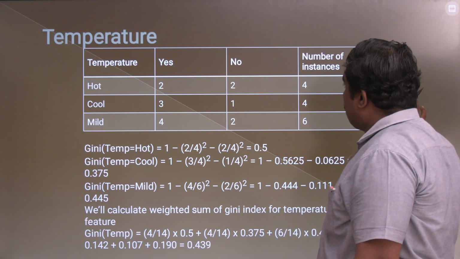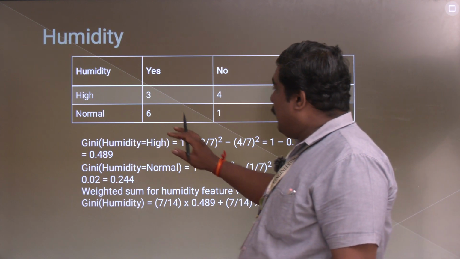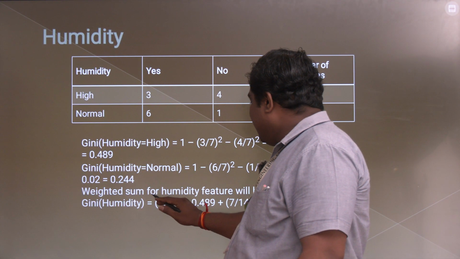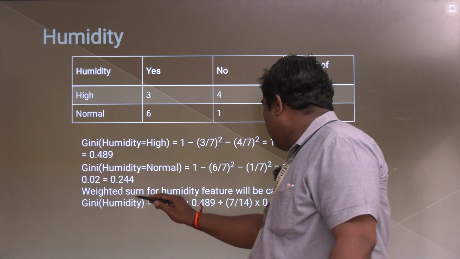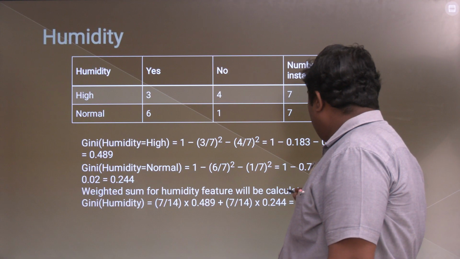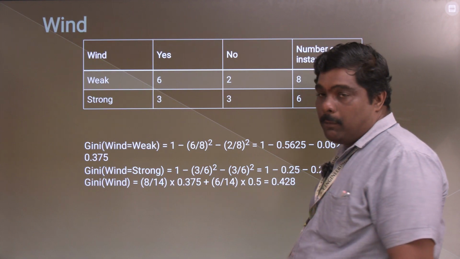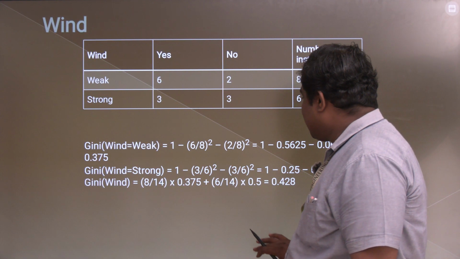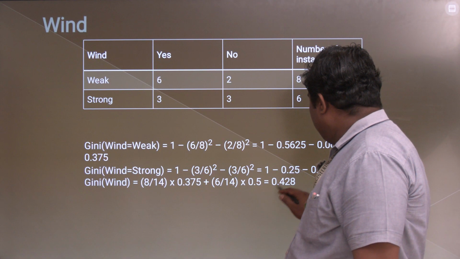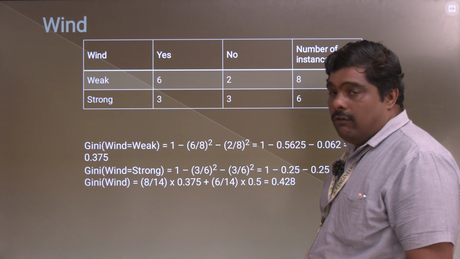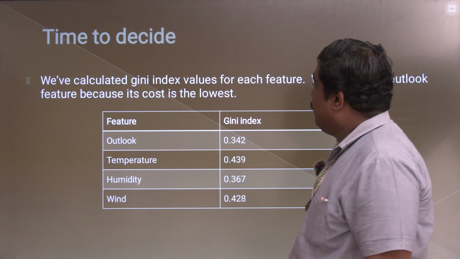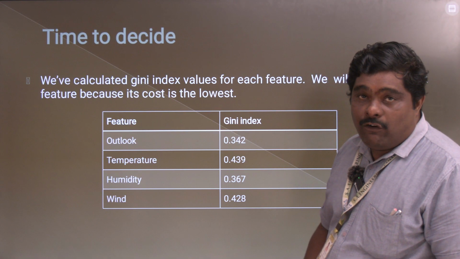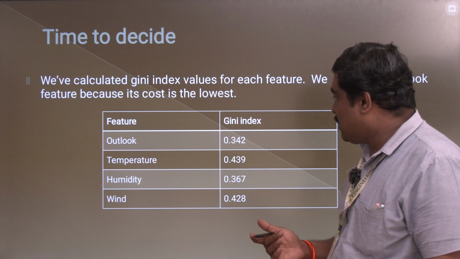Like that we have to calculate the sum of weighted Gini index for humidity. For humidity you will get the value of 0.367 and then for wind you will get the value of 0.428.